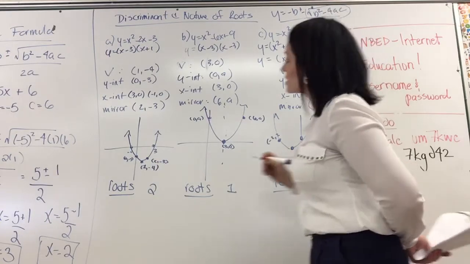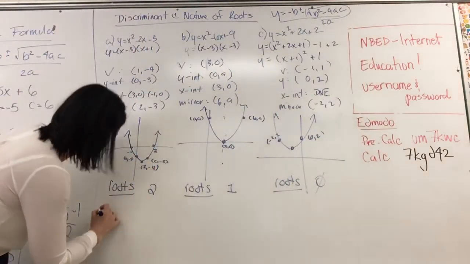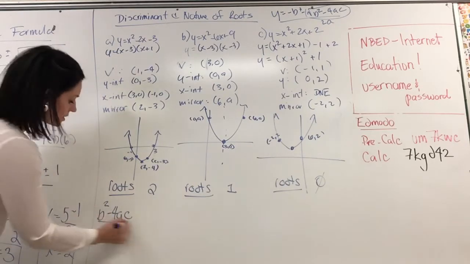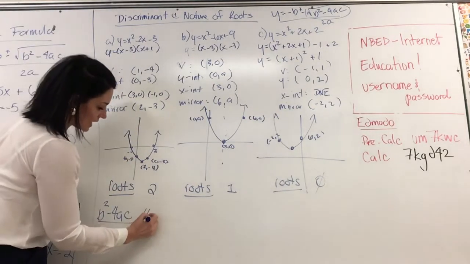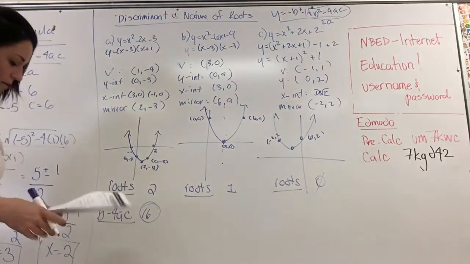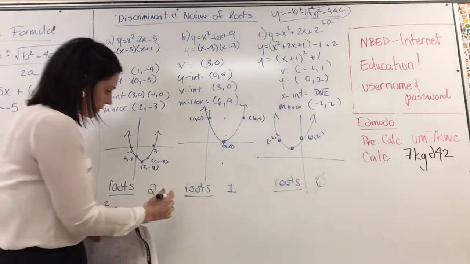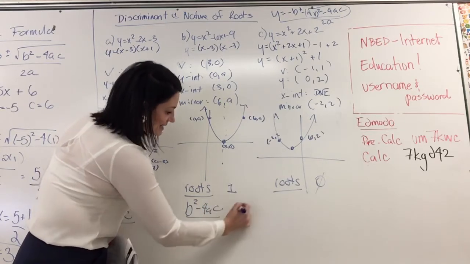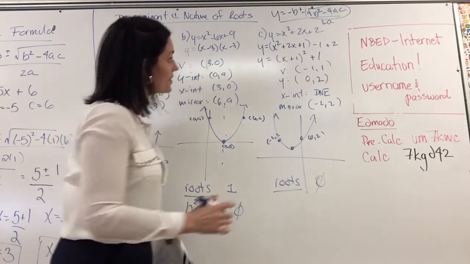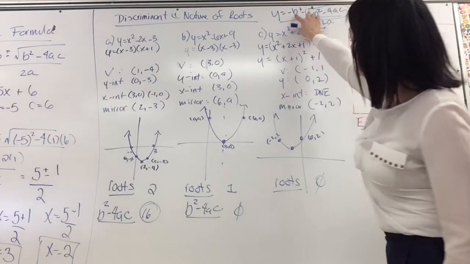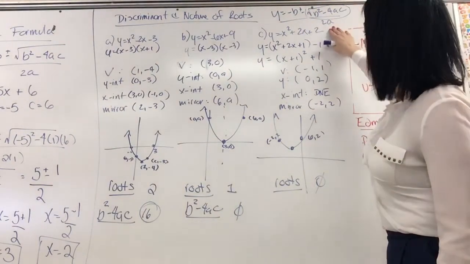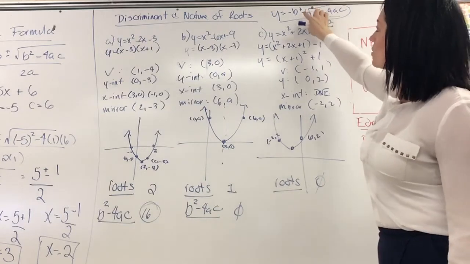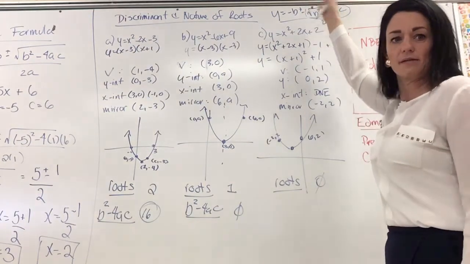When I say the word discriminant, I'm asking you, what is b squared minus 4ac? If I do it for this one, I get 16. That doesn't really mean much to us. For this one here, I get 0. And if you think about the quadratic formula, -b plus or minus 0 over 2a, if this part's 0, I don't have 2 roots because I don't get the plus or minus part.